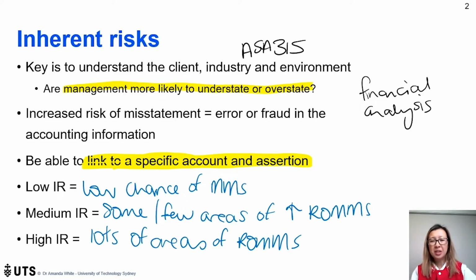And if in doubt, overstate the level of risk. So if you're worried, I'm not sure if it's low or medium, always err on the side of caution. The conservatism principle for us as accountants still applies. And go for higher levels of risk, because higher levels of risk means you're going to be more careful on that audit. So you're always better off going higher than lower.